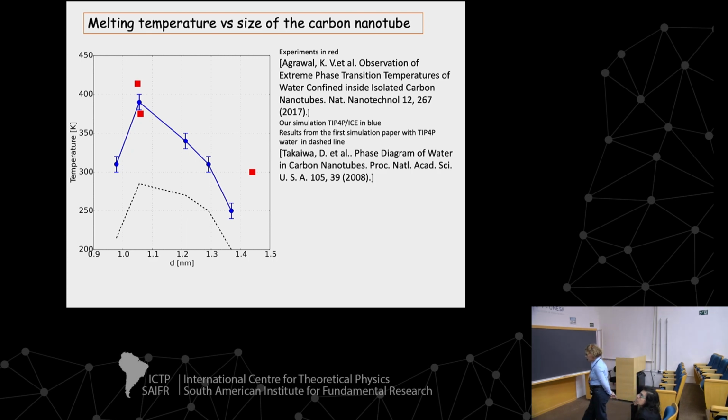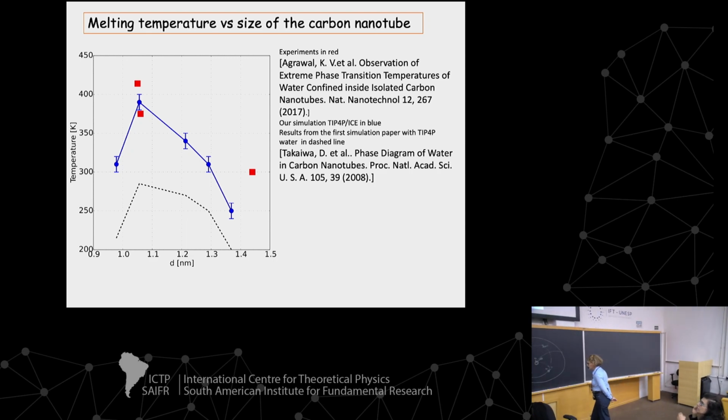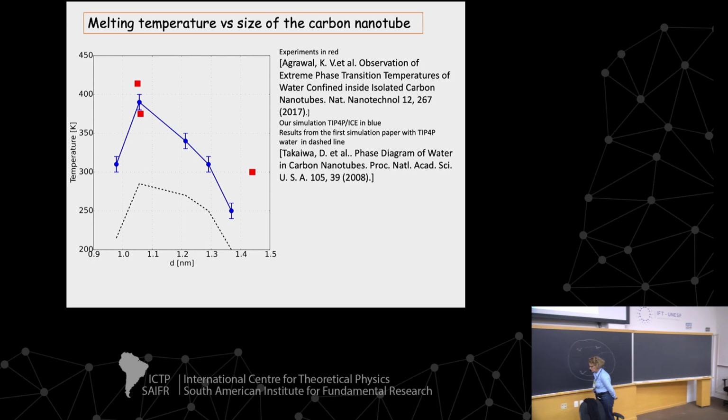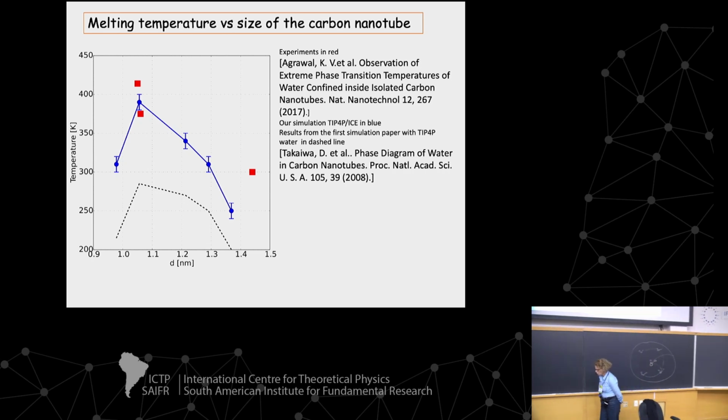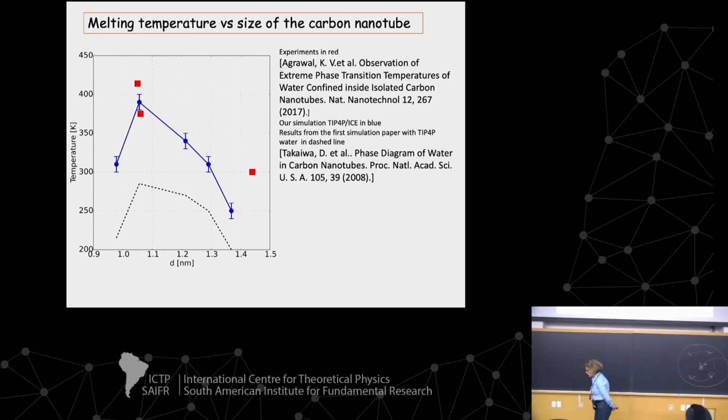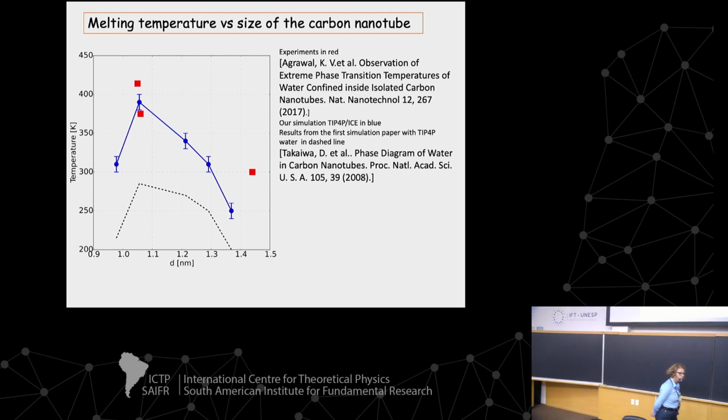In fact, before our study, they had used only TIP4P, another more simple potential, to study water in carbon nanotubes, but TIP4P ice is particularly well suited for this.